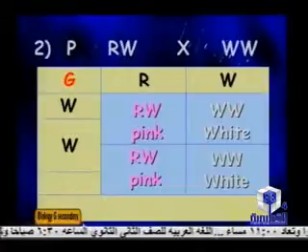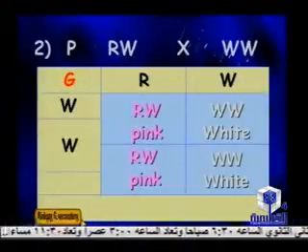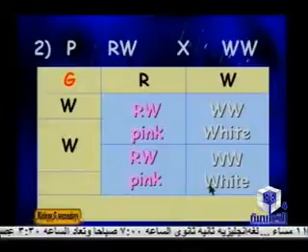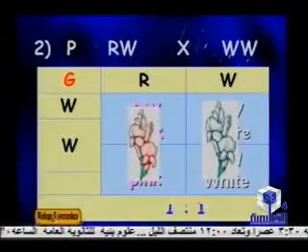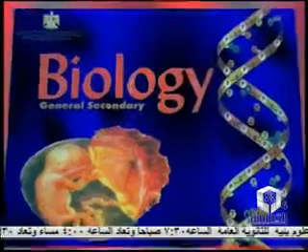In the second example, which is one pink crossed with a white flower, we found that the ratio is 50-50 or 1 to 1.